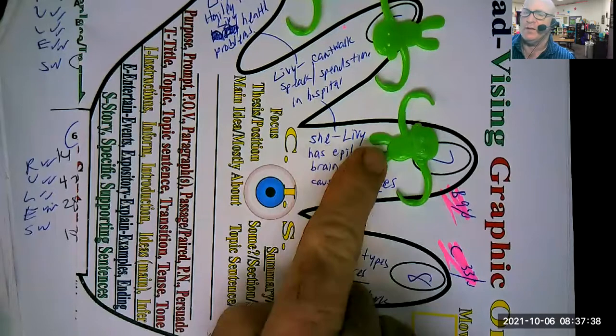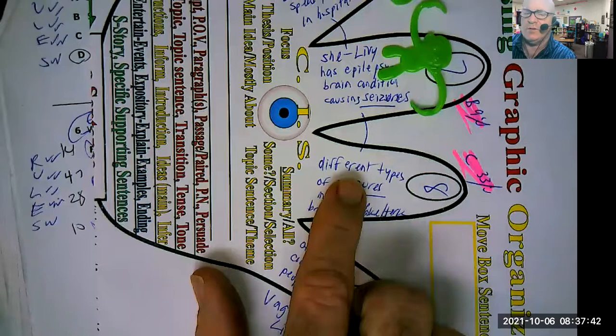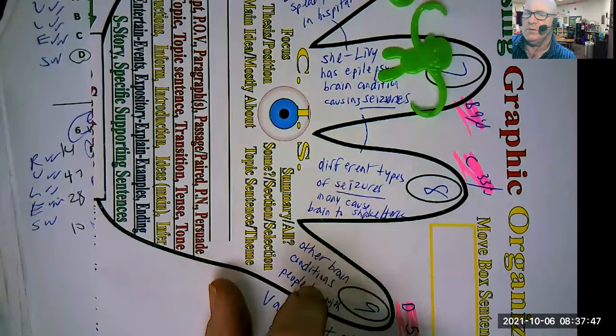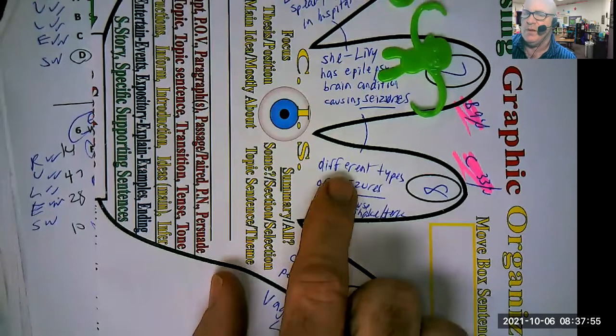This is where lots of kids chose. Let's find out. It says there are different types of seizures.